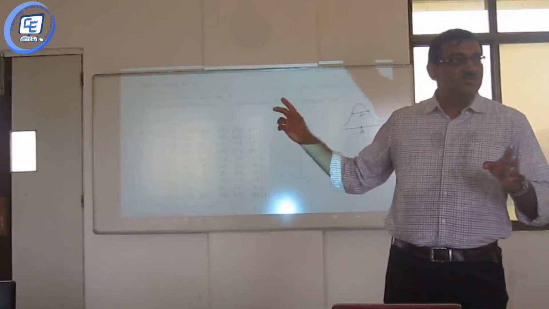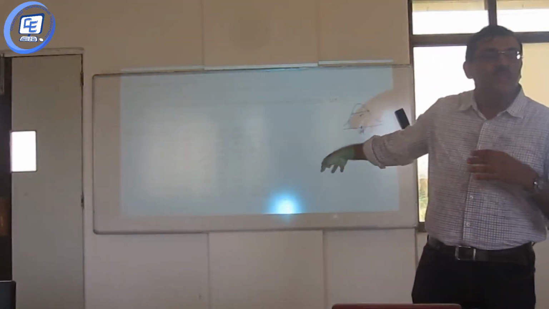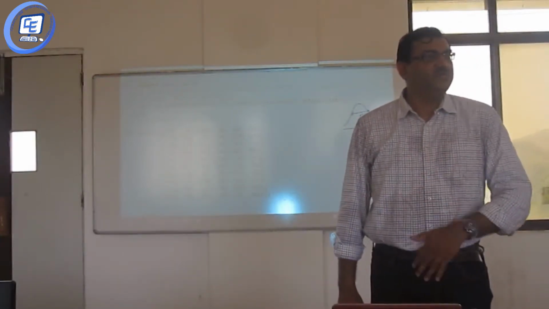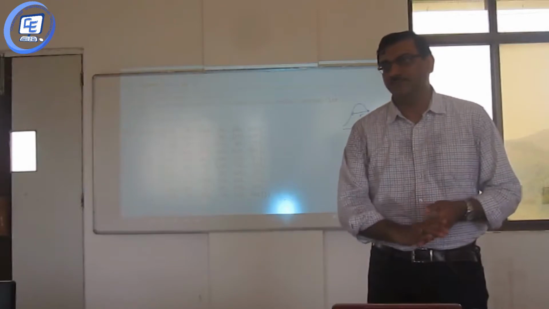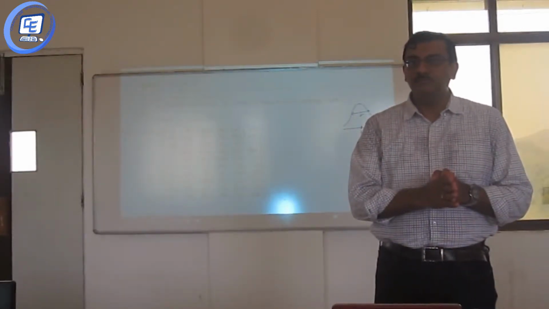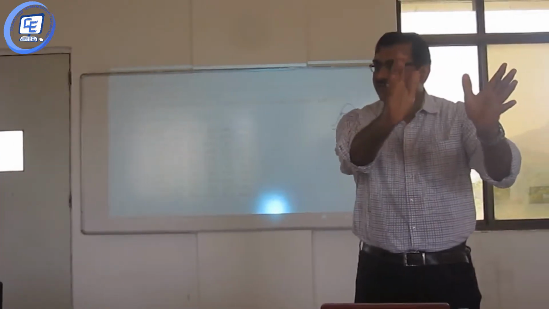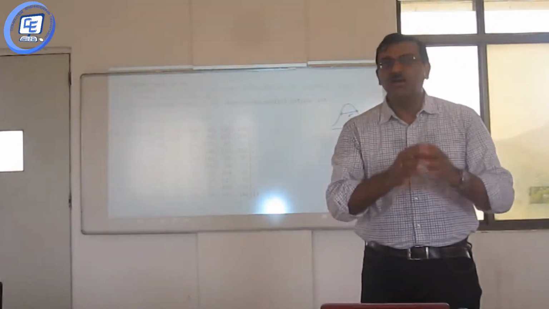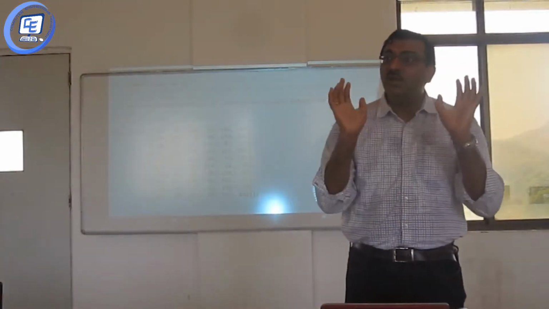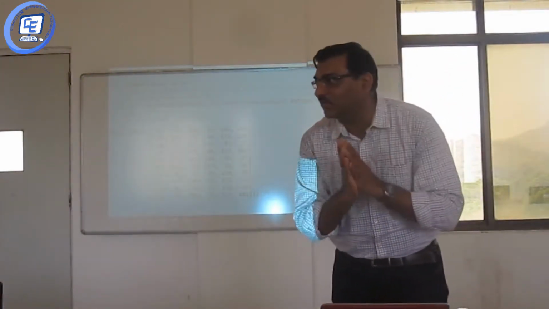Whereas Gaussian distribution means something like this. For example, if you want to watch a movie in a theater, say the show is at 3 PM. Most of the people will come between 2:55 and 3:05, or let us say between 2:50 and 3:10 PM. Most of the people will arrive in the theater during that time interval.